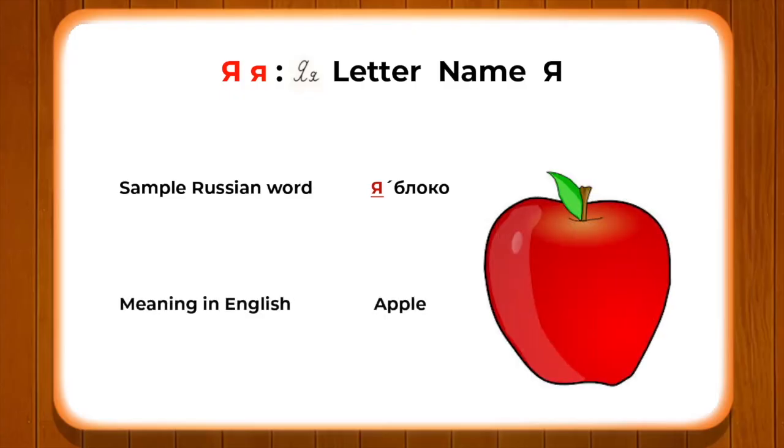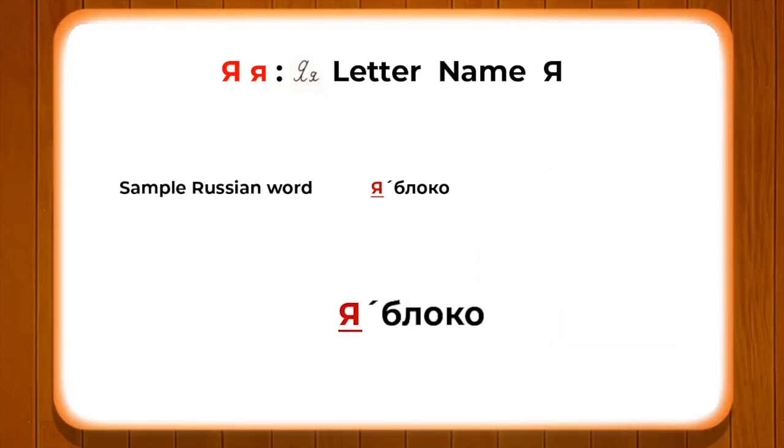And in this example again, you can also see the role of udareni or stress coming in. For example, the first vowel Ya is having the stress, and the rest of the vowels, that is O, and O after letter K, is coming as A. So yablaka.